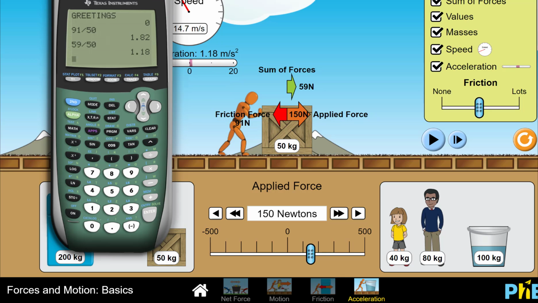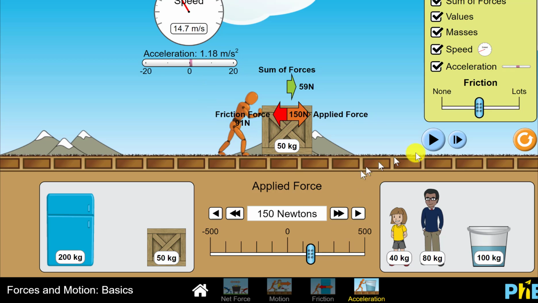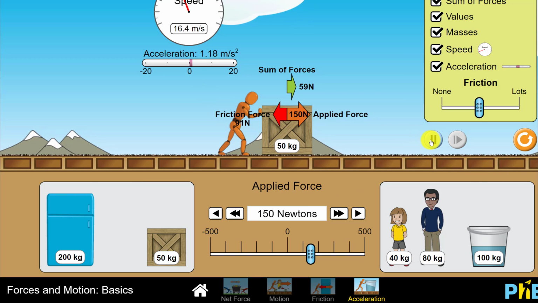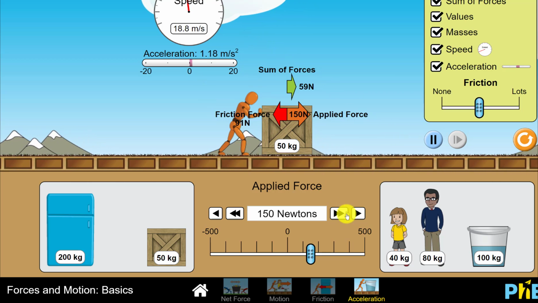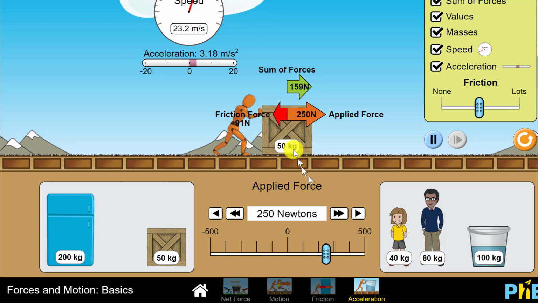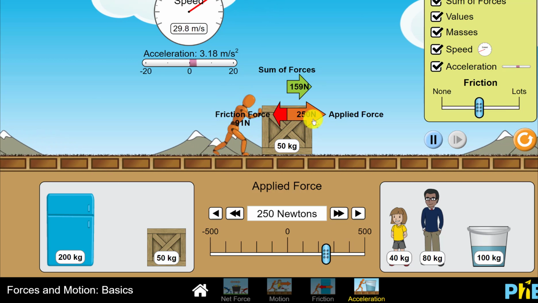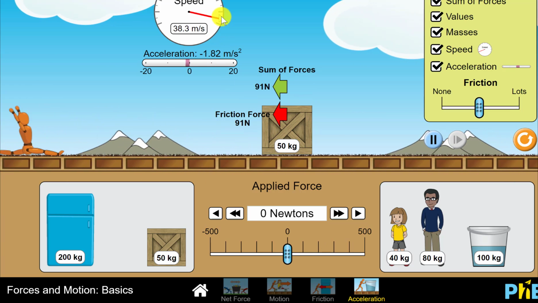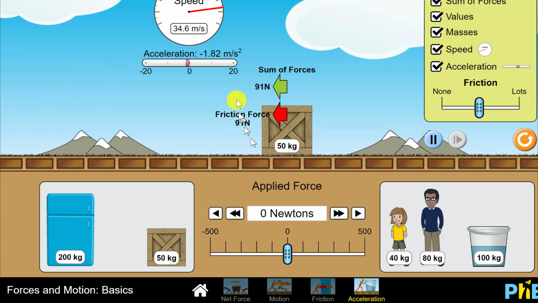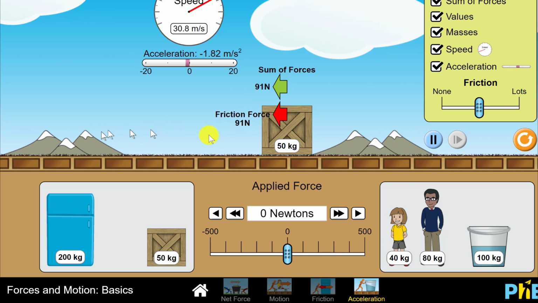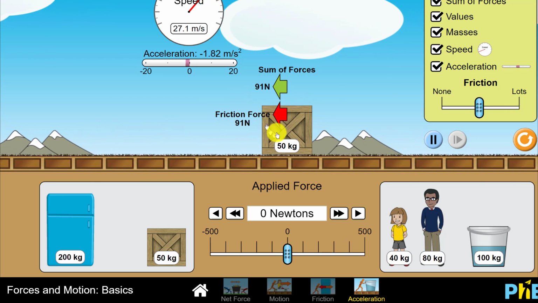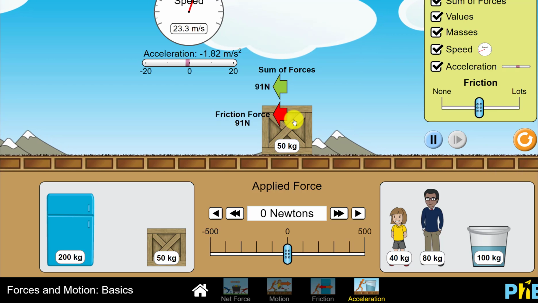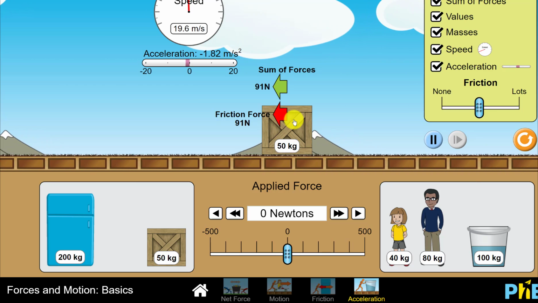And as it accelerates, it goes faster and faster and faster. And we'll see. And if I start pushing faster, friction is still 91. Net force is bigger. Watch what happens. Oof, when I reached 40, I couldn't run any faster. I stopped. Then friction became the net force. Now it's just slowing down.